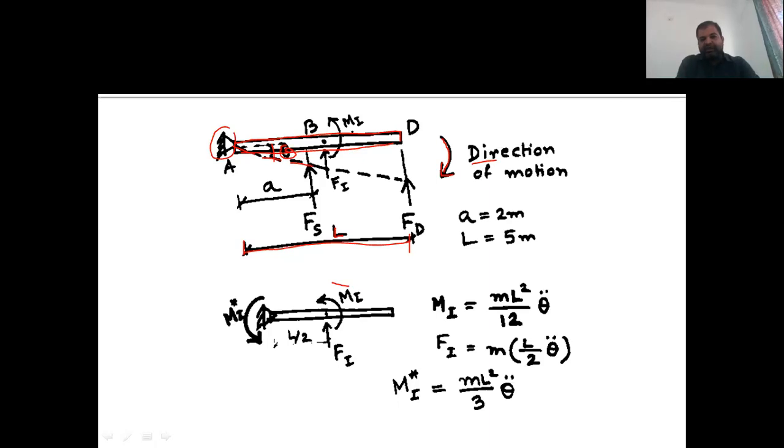As it is moving in this direction, definitely the spring is attached here and the damper is attached here, so the spring force will act in the opposite direction. The spring is attached at a distance A from this particular end.